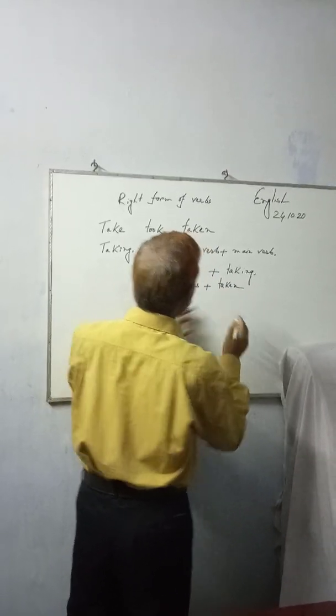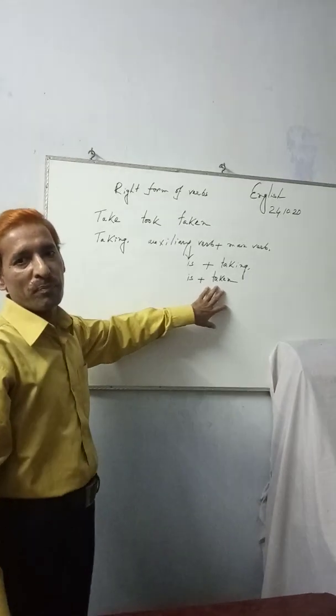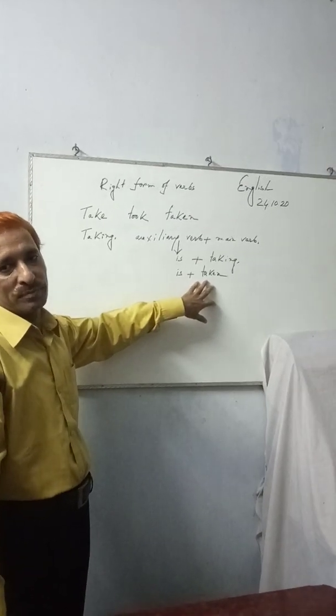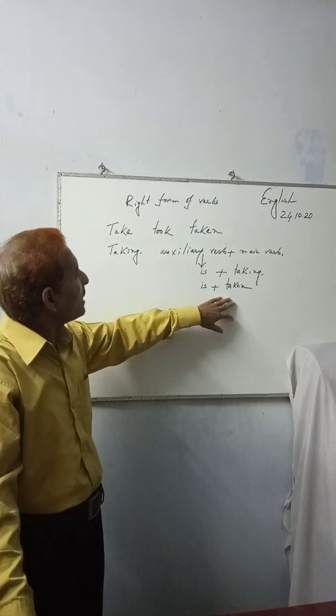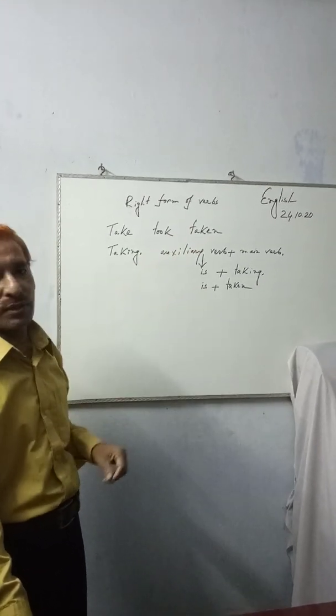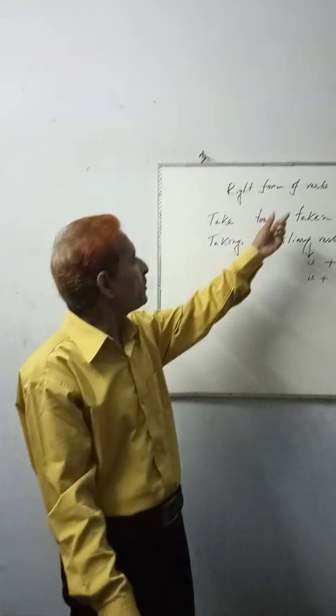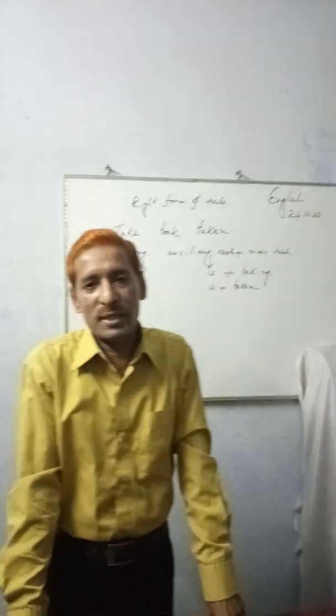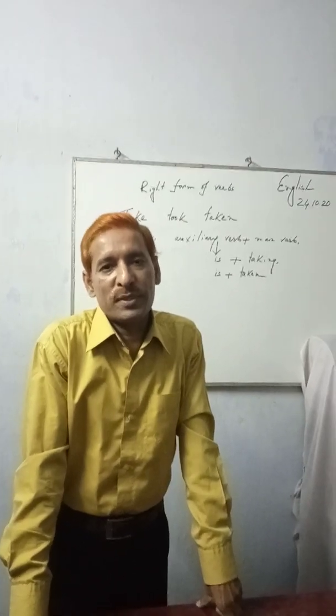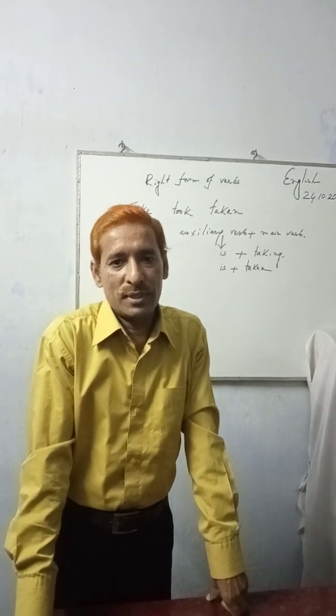Taken. This is passive verb or passive form. In this way, we see different forms of verbs. Before right form of verbs, we should know different forms of verbs.